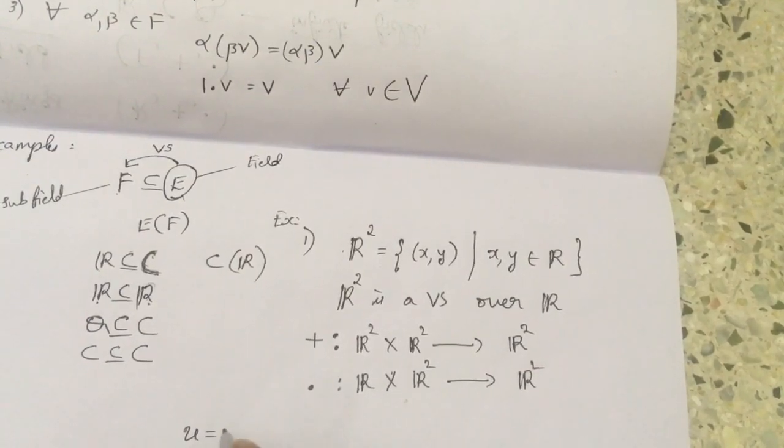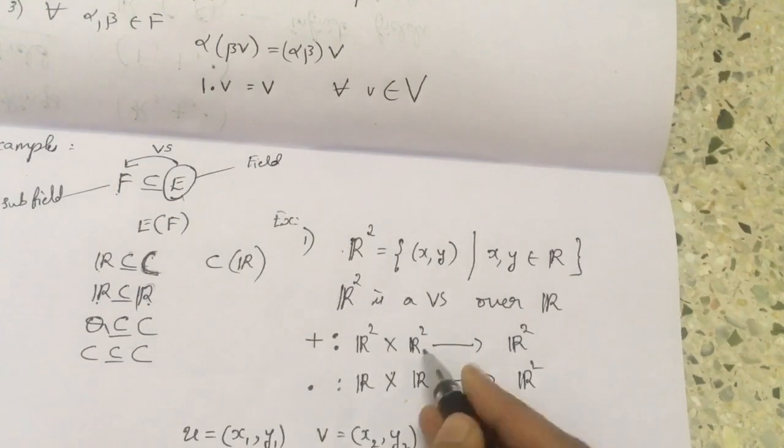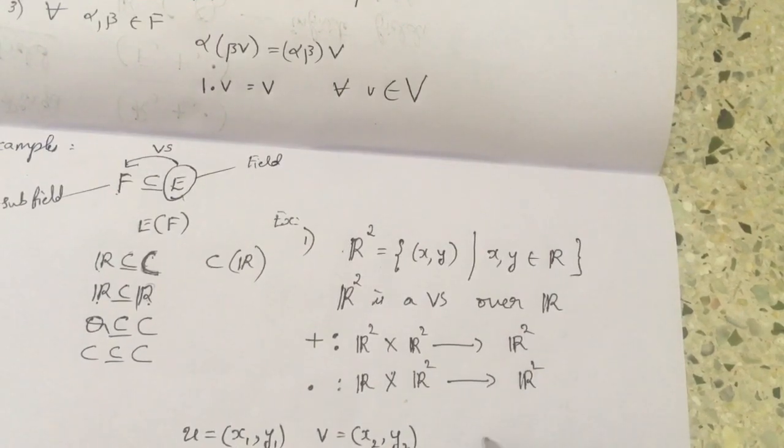It's a vector, or can be written as an ordered pair. Let me name it (x1, y1) and V as (x2, y2). Of course, U and V are from R2, and I'll take their sum U plus V, which is nothing but (x1, y1) plus (x2, y2).